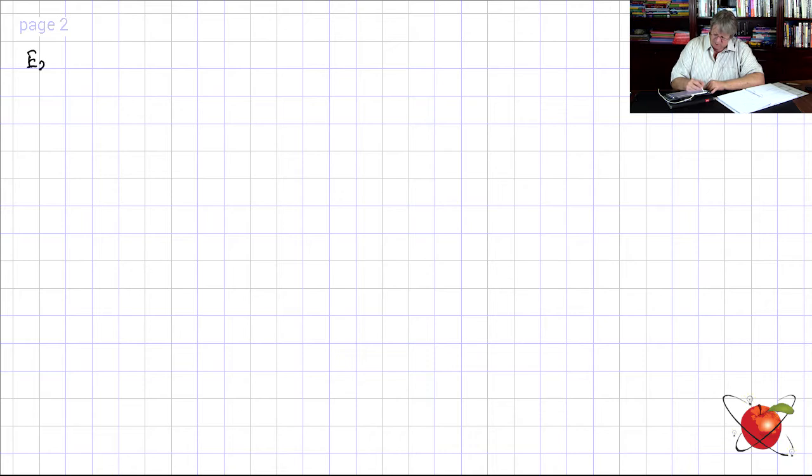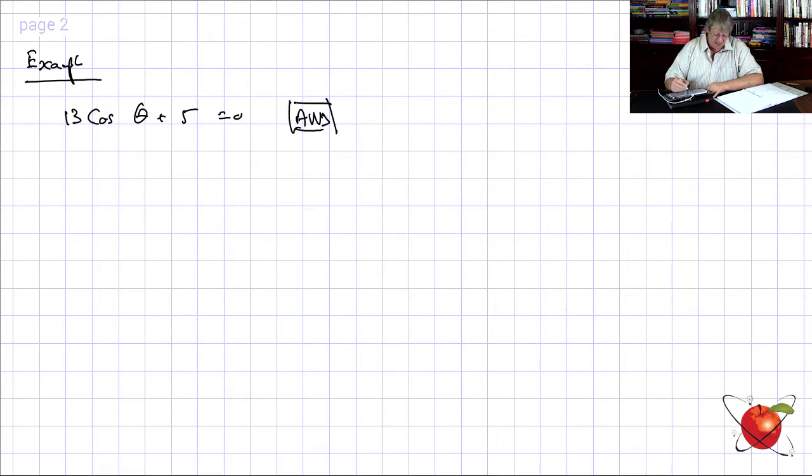Now, let us continue. If you remember, we did some basic trig equations in the sessions in the previous year. Let's just go over this very quickly. Let us say, for example, they give us this as an example. Remember, we're revising, okay? We're just quickly running through some of the basics before we move on. Let's say we are given 13 cos theta plus 5 equals 0, and I'm highlighting that in a box, theta is greater than 0, theta less than or equal to 180 degrees.